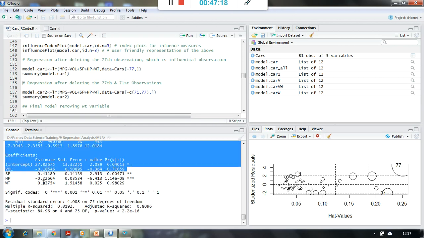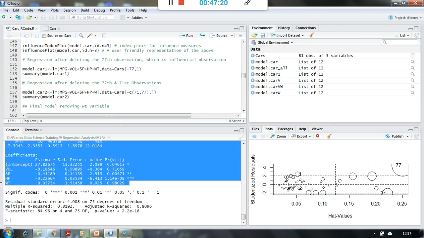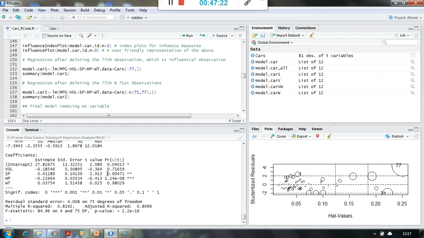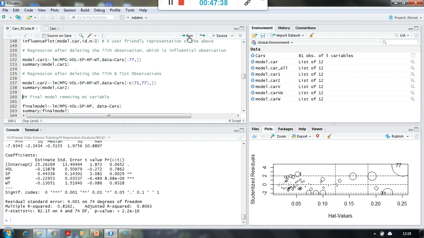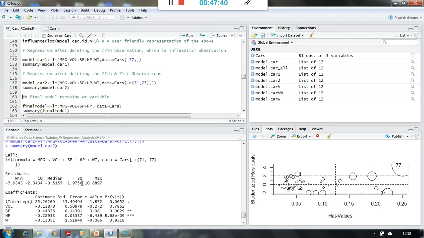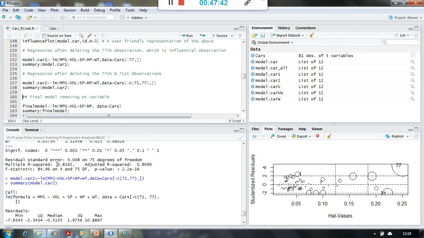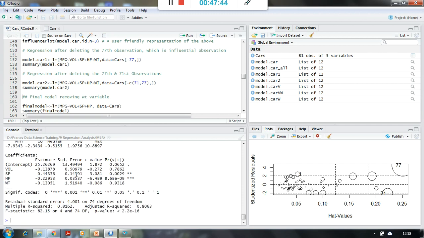My volume and weight are not becoming significant. My SP and HP are still significant, even after removing the 77th observation. So I am going to try deleting the 71st observation as well. Let me delete both observations and look at the summary, and look at that. My R-square has gone from 0.8192 to 0.8162, it has gone down.